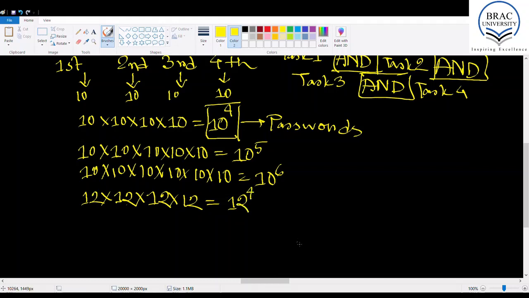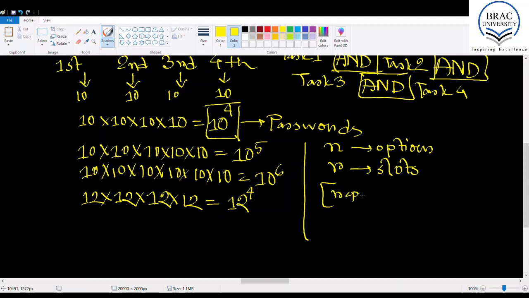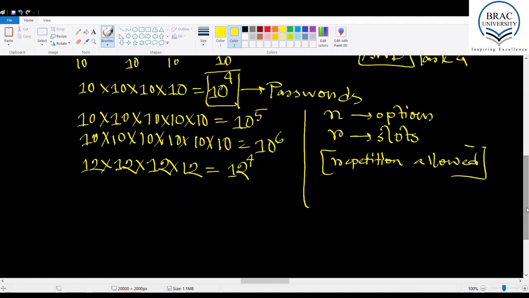So from this, can we generalize that if there are n options available and r slots for them, and if repetition is allowed, how many different permutations would there be to perform a task?